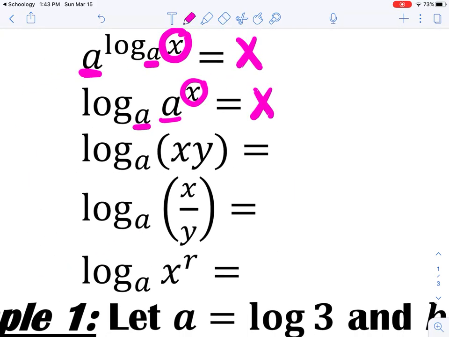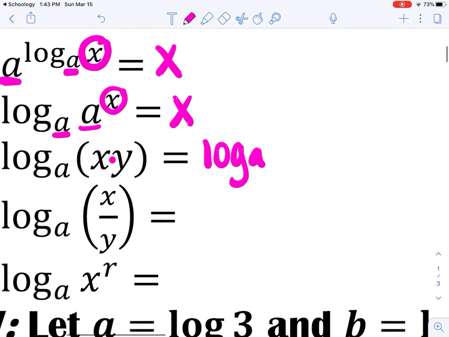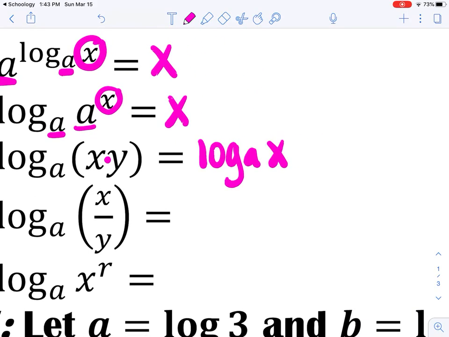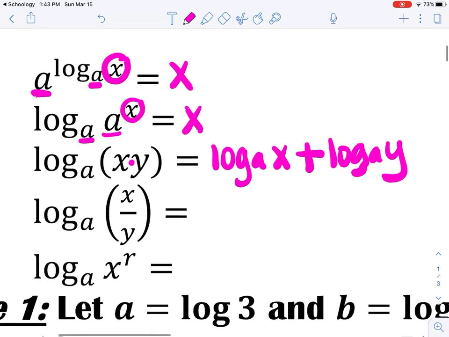All right, the next one here is when you have log base a and you have things being multiplied in your argument. If you have things being multiplied in your argument, you can split it up into two logs where the arguments are being added. So we have log base a of x plus, I can break it up into a new log, log base a of y.